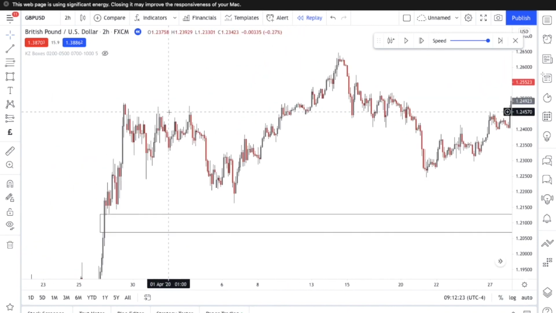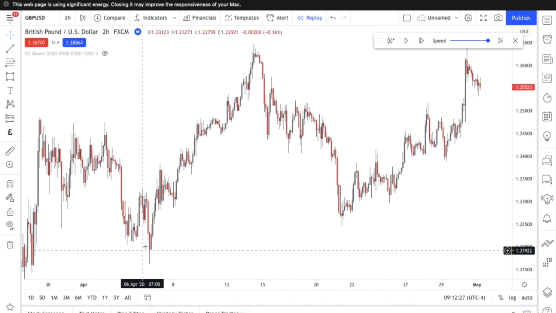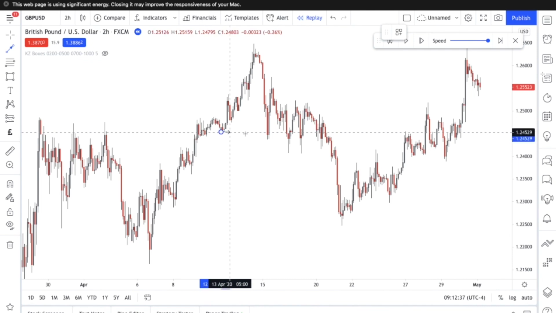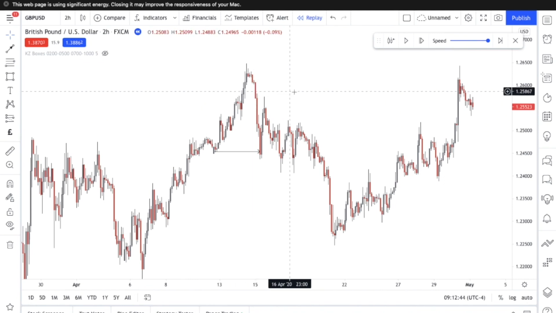Now, what can we identify at this point over here? So price is creating higher highs and higher lows. Now, what can we identify happened right over here? Price broke structure, right? That was that last low, correct? Price broke that structure. And what do we have here? All of that imbalance, right?